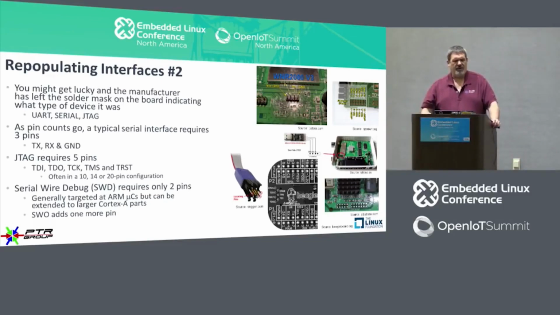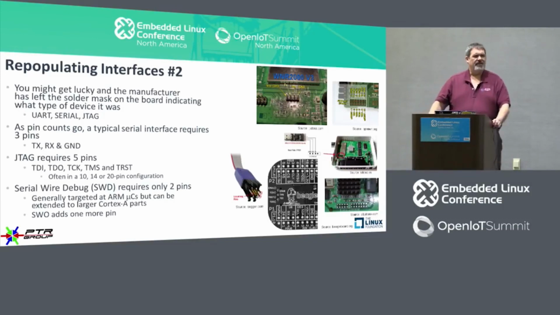Additionally, we're starting to see more prevalence of serial wire debug, SWD. SWD is basically JTAG, but it only requires 2 pins. Instead of IEEE 1149.1, I think it's 1149.7. So they have a specification for this thing.